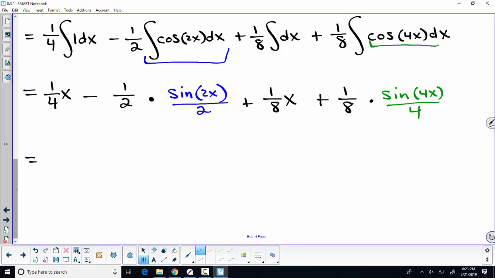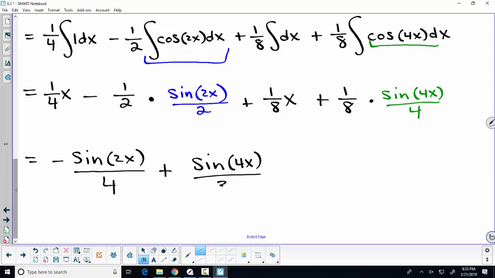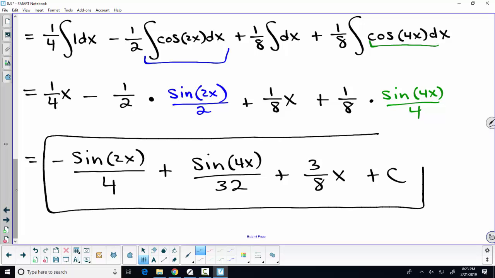So we have unlike terms here, because we have sine 2x over 4 plus sine 4x over 32. We've got 2/8 plus an 8. Any questions?